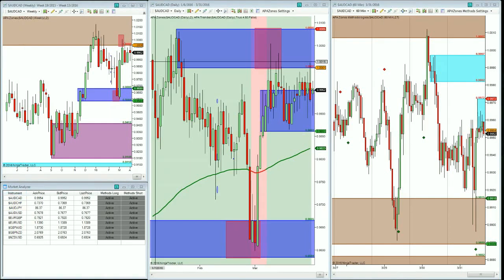So just to give you a little bit of the assumptions that we are making here: first off, we're going to assume that you know a little bit about the Apazones methodology of using support and resistance, supply and demand zones in the direction of trends. We are going to be using 3 different time frames as we're looking at these markets, mostly for your information and for demonstration purposes.